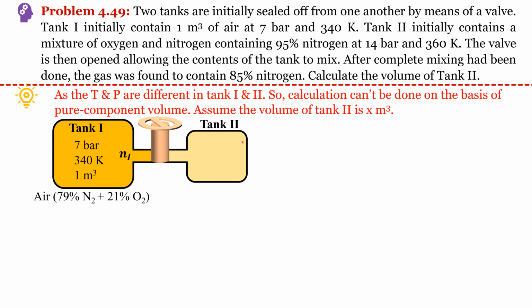Now we have tank 2. This tank 2 contains 95% N2 and 5% O2, and these gases are present at 14 bar and 360 Kelvin, and we have assumed the volume of this tank is x meter cube and the total moles equal to N2.